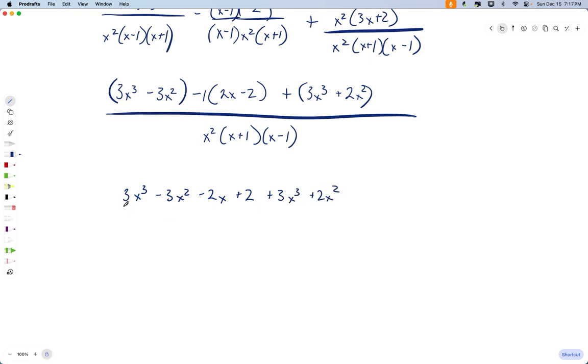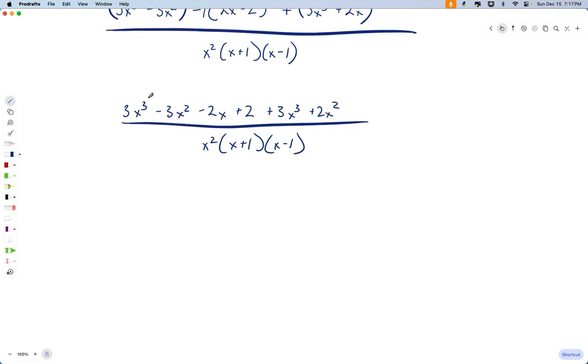Now all we have to do is combine our like terms. This keeps the same denominator. So we've got 3x cubed and 3x cubed. So that gives us 6x cubed. Then we have a negative 3 and a positive 2x squared.